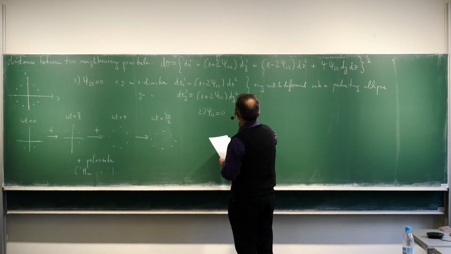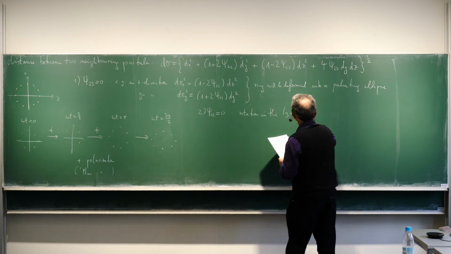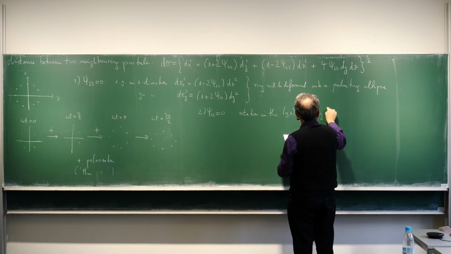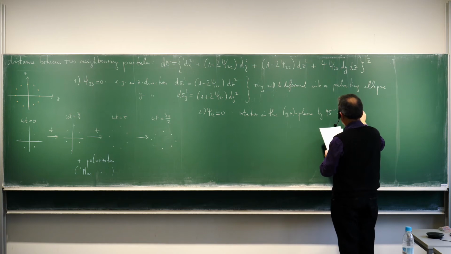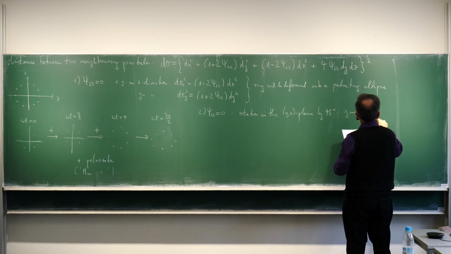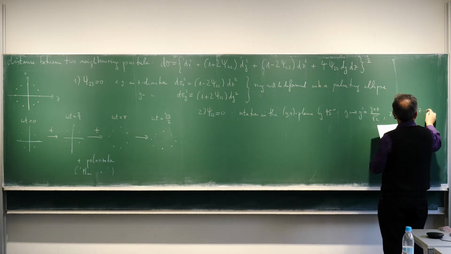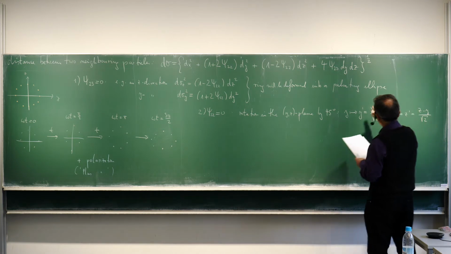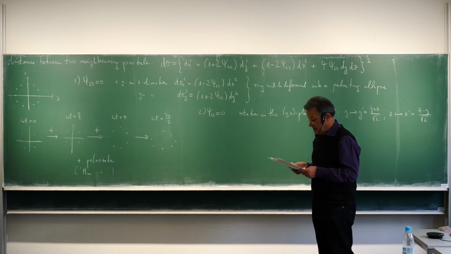So we make a rotation in the YZ plane by 45 degrees, and you know from your elementary classes, y goes to y prime, which is y plus z over square root of 2, and z goes to z prime, which is z minus y over square root of 2. Now, this describes a rotation in the YZ plane by 45 degrees.